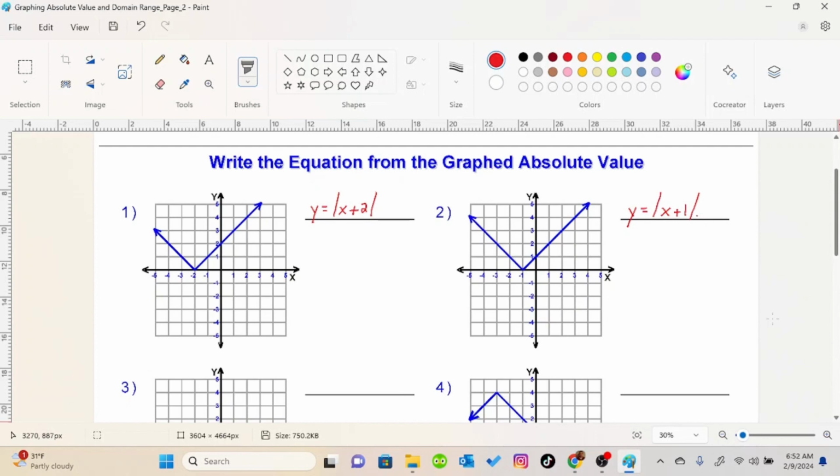Then it does not shift up or down, so we do not add or subtract anything outside the absolute value symbols. So the equation for number 2 is y equals the absolute value of x plus 1.